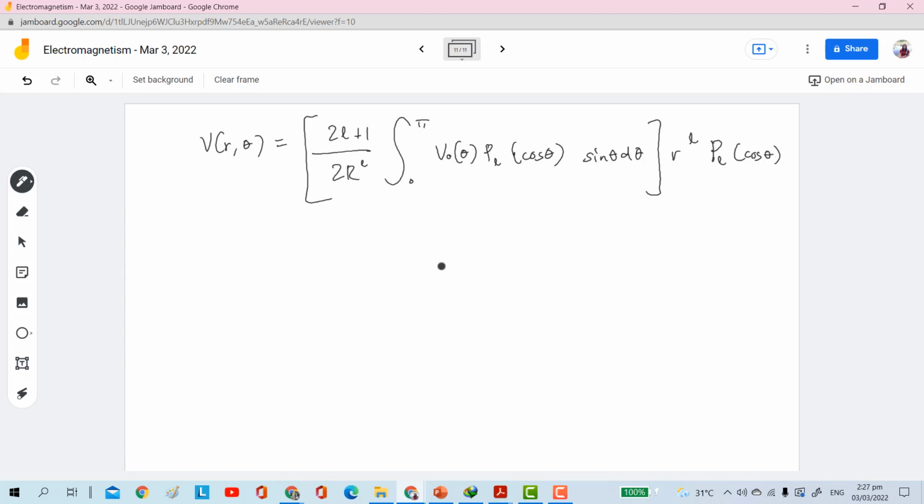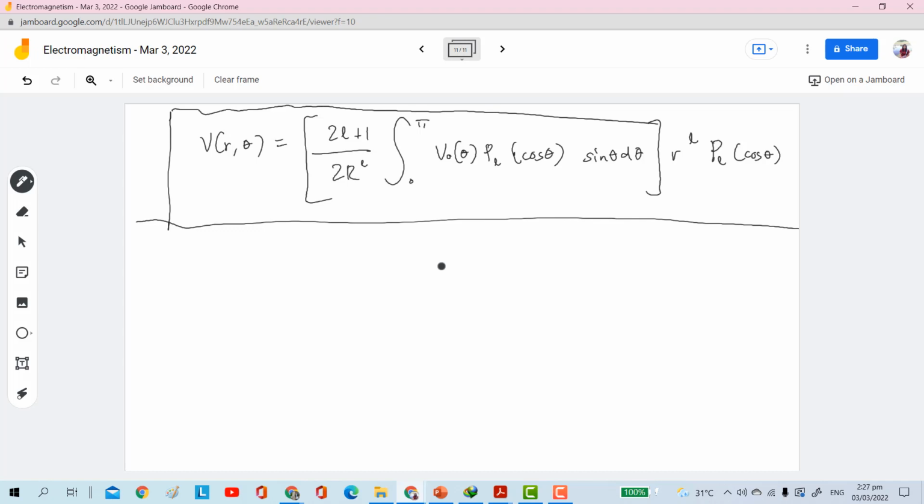Now, about time, class: it's 2:30, right? So we still have some time. Actually, this can already be your final answer. But in this specific problem, a value is given for your V naught as a function of theta. So, your V naught as a function of theta is equal to K sine squared theta over 2.